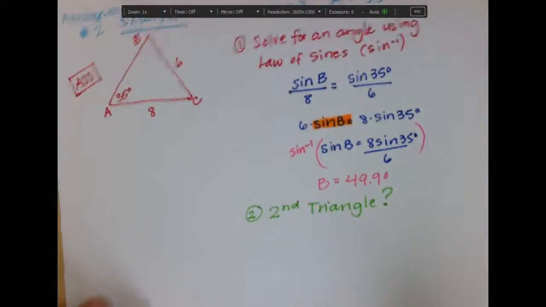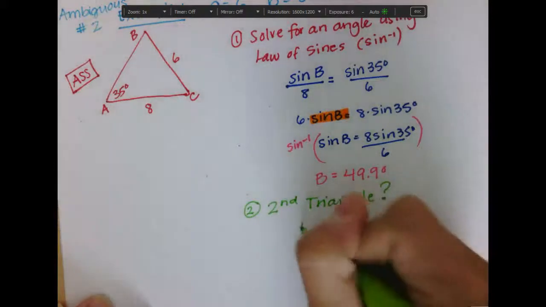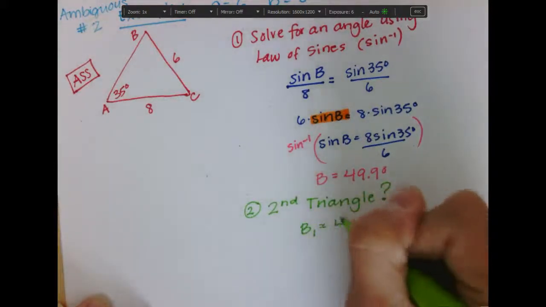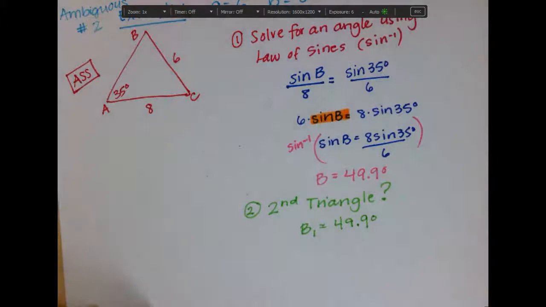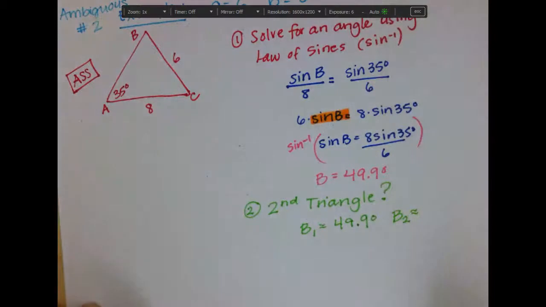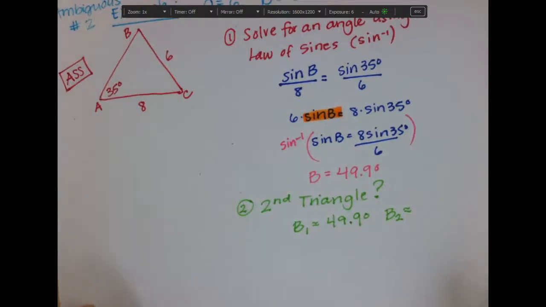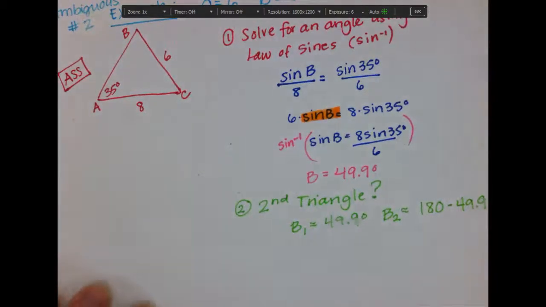If we have a second triangle, then in one scenario, our angle B could be 49.9 degrees. But because of the nature of how the triangle is built, that could also be an obtuse angle that is 180 degrees minus that 49.9 degrees.